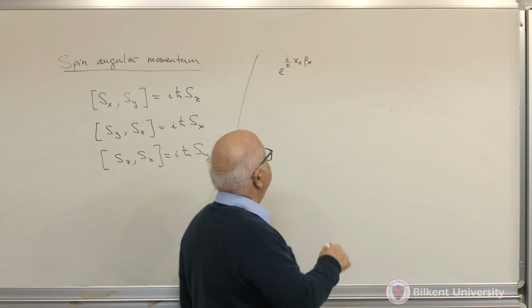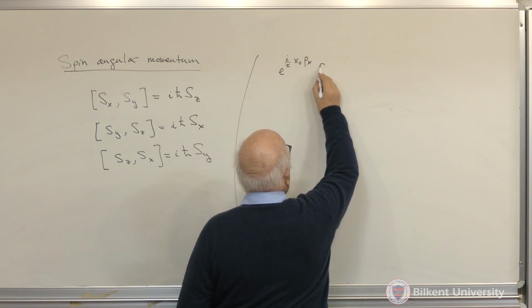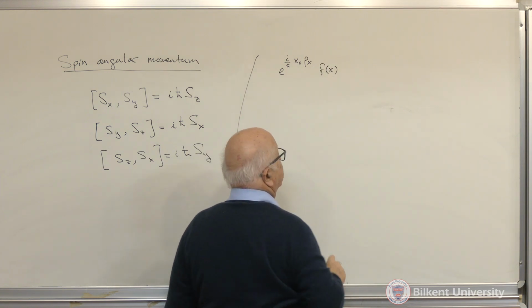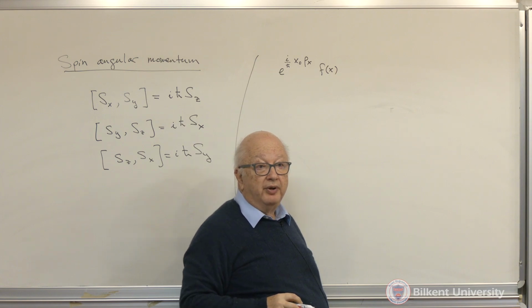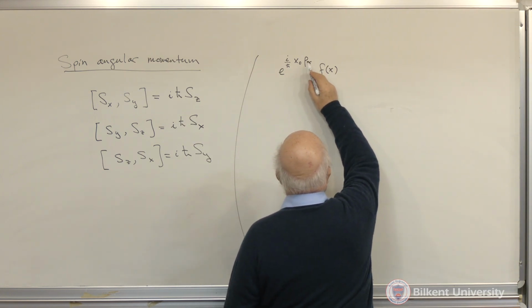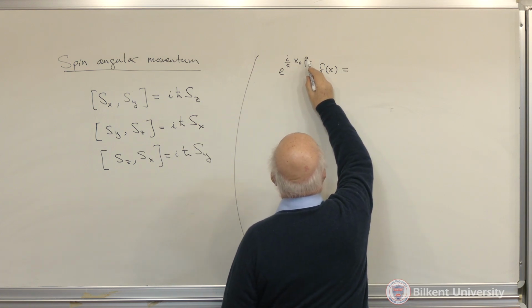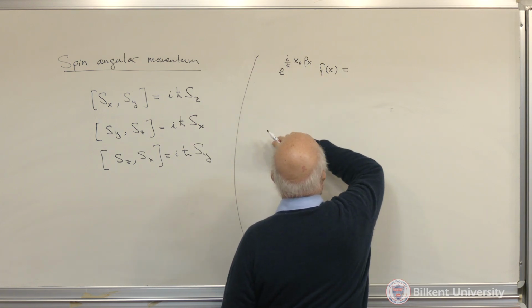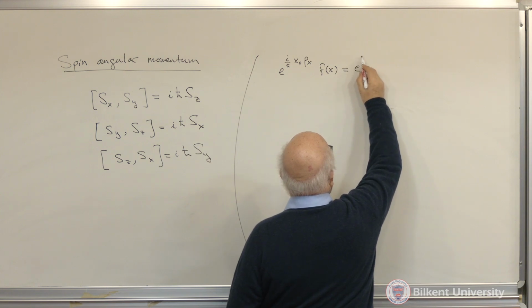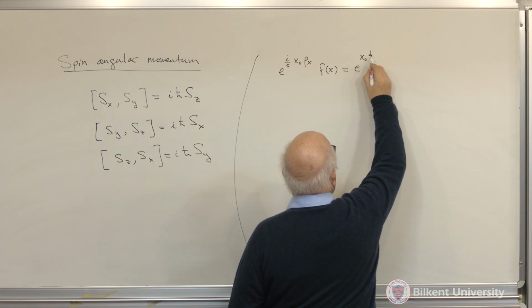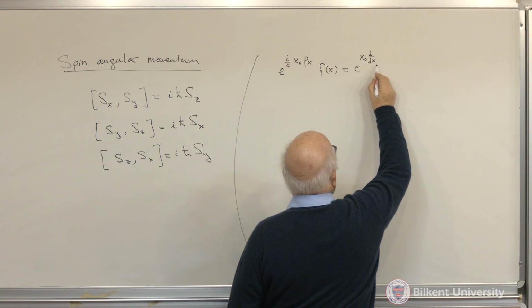So this is some operator. Suppose it acts on some function f of x. Now, if I just put in what the operator is, this is ħ over i, so the ħ over i's cancel. I have e to the x0 d/dx, right? f of x.